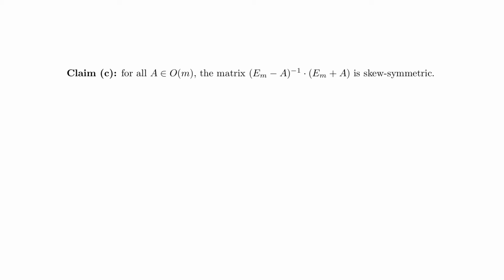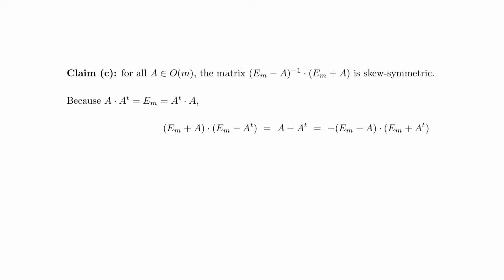The hypothesis that A is an orthogonal matrix means that A times A transpose, and also the other way around, A transpose times A, are both the m by m identity matrix. Hence we can expand (E_m plus A) times (E_m minus A) transpose to A minus A transpose, and this is the same as minus (E_m minus A) times (E_m plus A) transpose.